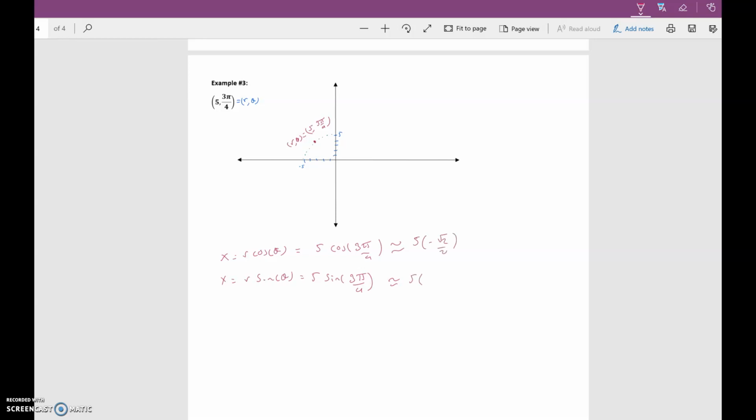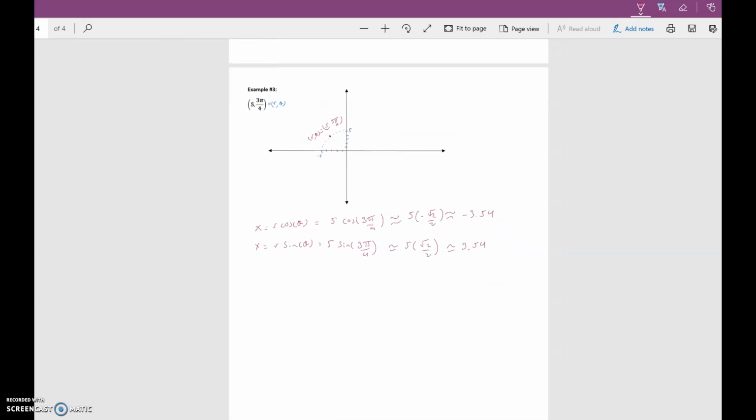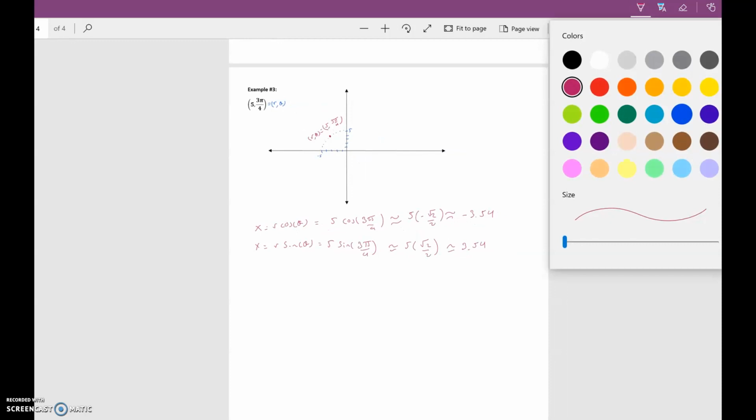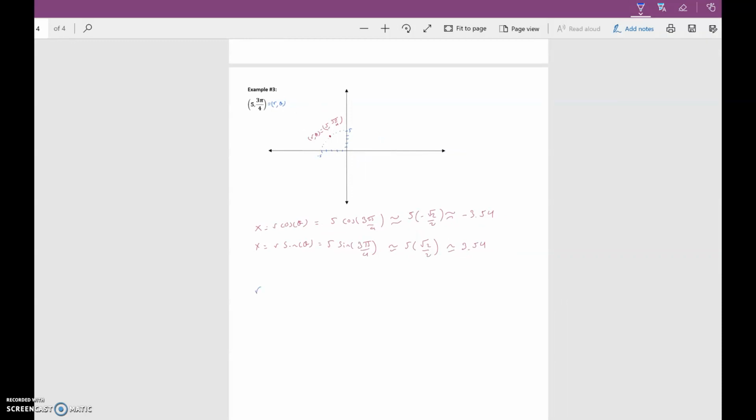And this is 5 times square root of 2 over 2, which as decimal approximations, we're going to get negative 3.54 and 3.54.